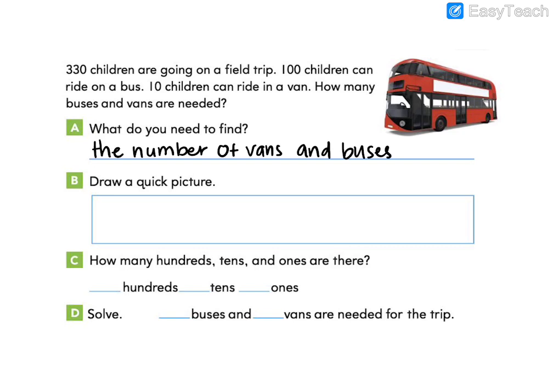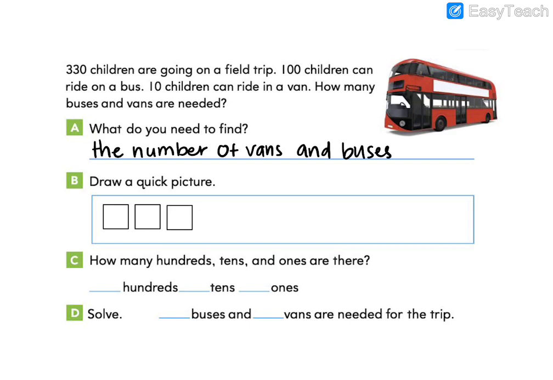Let's again start with our hundreds. We know each bus can take 100 kids. So there's 100 kids, 200 kids, 300 kids. Can we take any more kids on a bus? If I added one more bus, that would be 400.